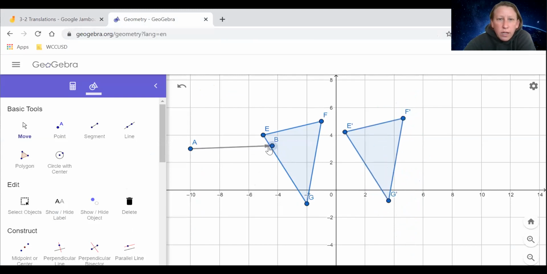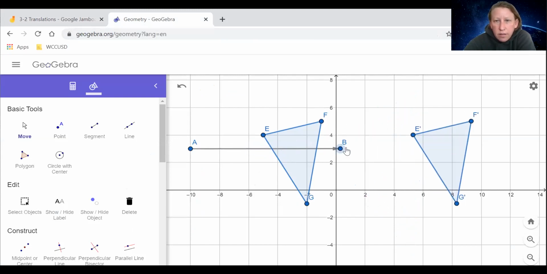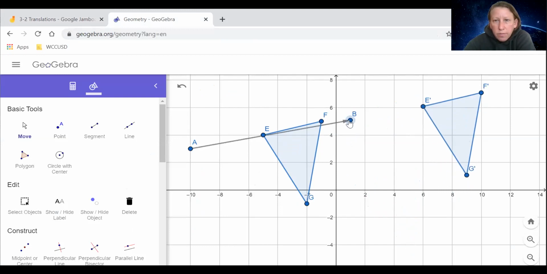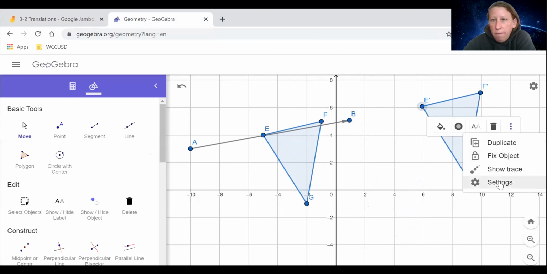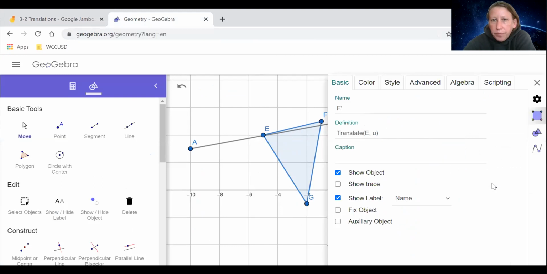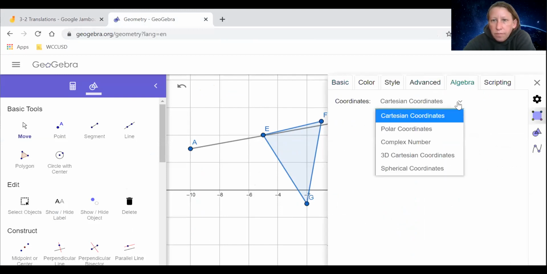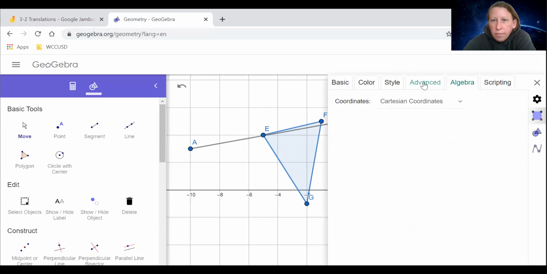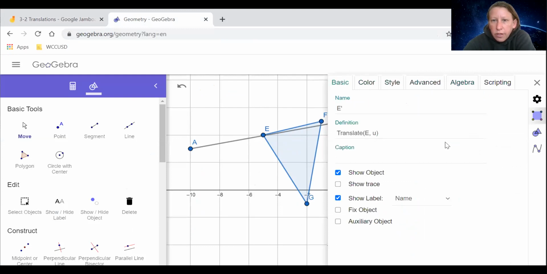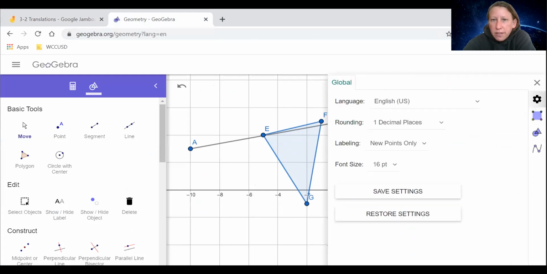Now I want to move it 11 and 2. Okay. And I don't know if I can. Just kind of playing around with it, see if it can tell me the answer.